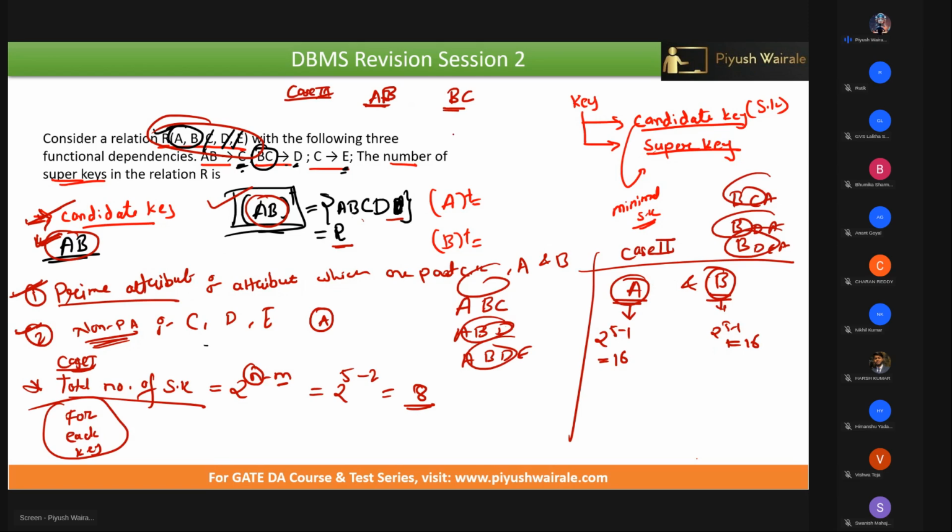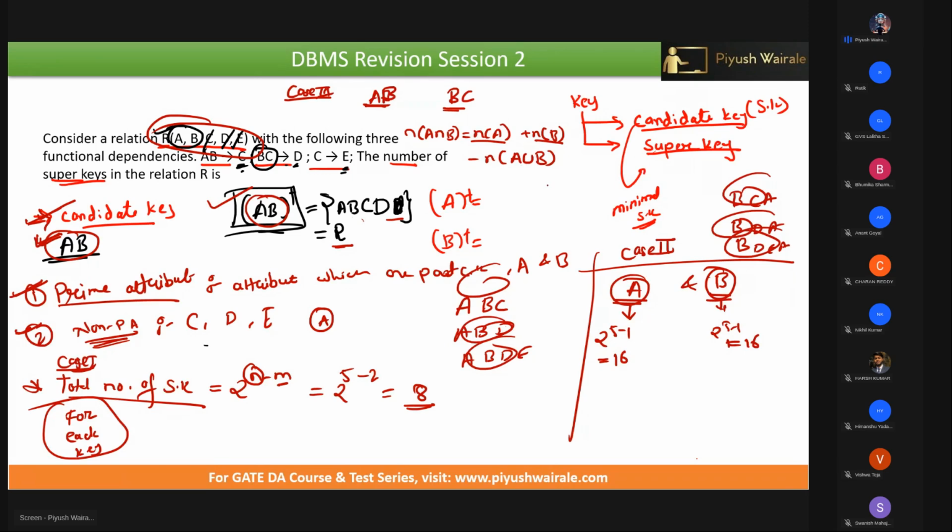So I hope you remember this formula. n of A intersection B is equal to n of A plus n of B minus n of A union B. Here A and B are the number of super keys using one candidate key and the number of super keys using the other candidate key, and here the union of both the candidate keys. If I take the union of A and B, AB will be there.